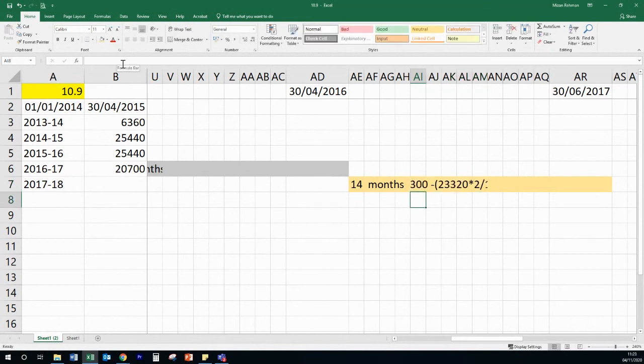So the figure we have is 33,300 minus 23,320 times 2 divided by 11, and we get 29,060.